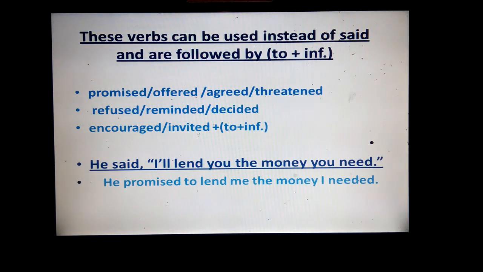Example: he said, "I'll lend you the money you needed." He promised to lend me the money I needed. So instead of "said", I used "promise to" and then the infinitive "lend". I used "promise to" followed by the infinitive.